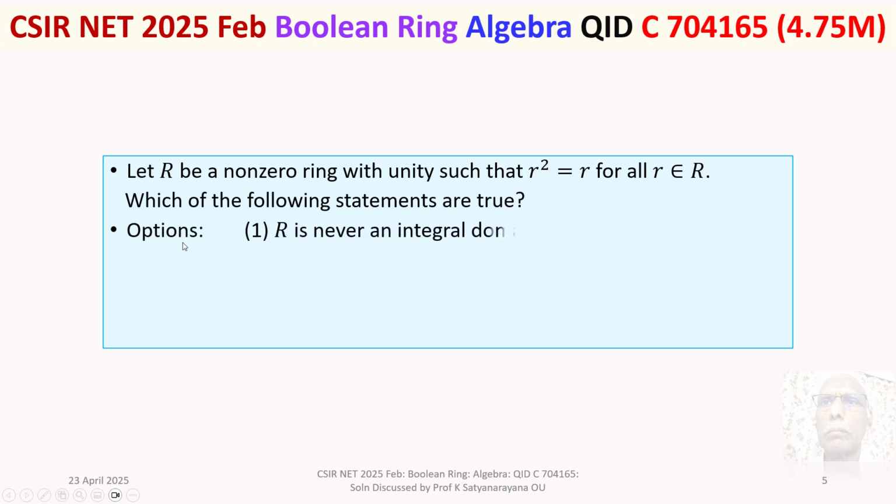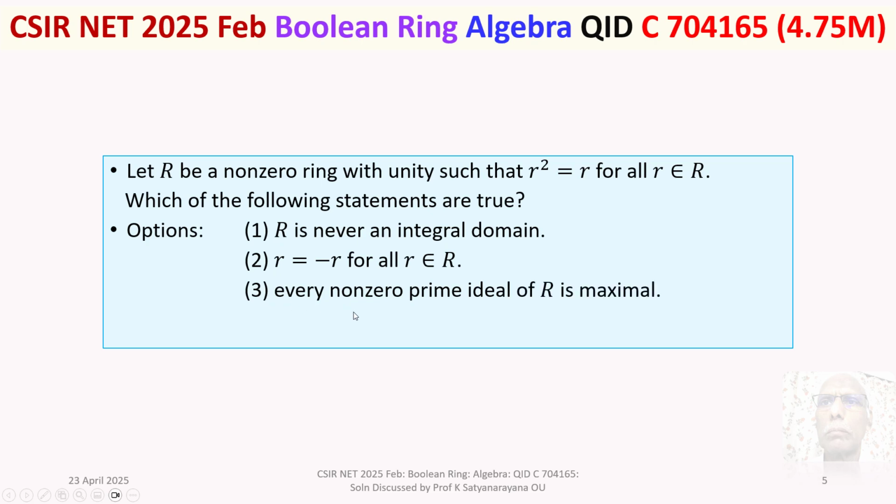We are given four options. Option 1, R is never an integral domain. Option 2, r is equal to minus r for all r belongs to R. Option 3, every non-zero prime ideal of R is maximal. Option 4, R must be a commutative ring.